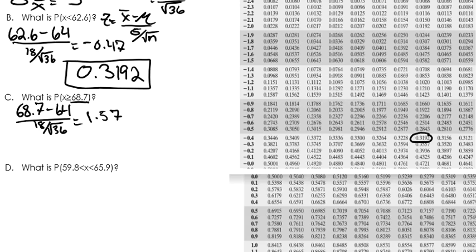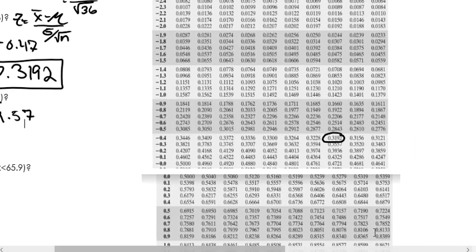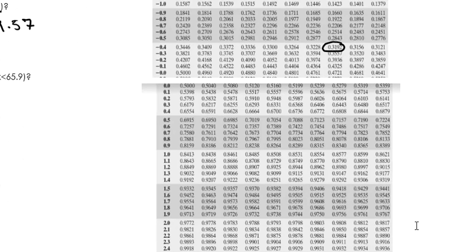Next, we're going to turn this z-score into a proportion using our standard normal table, which is to the right. And using the table, we see that the proportion is 0.9418.